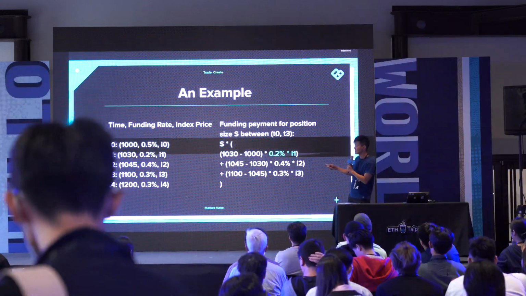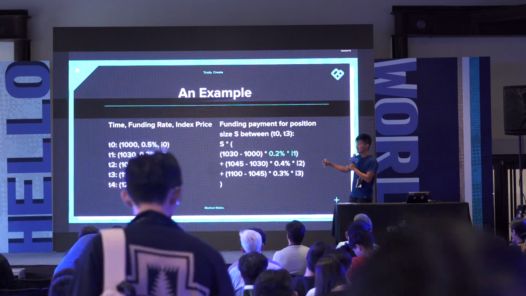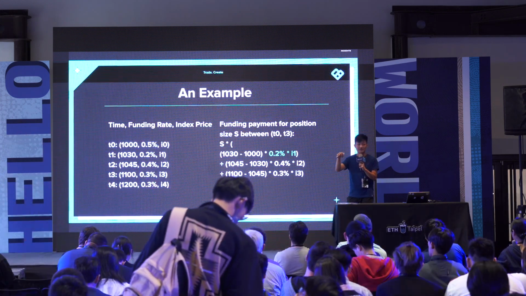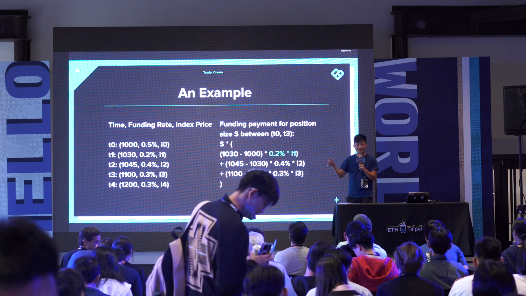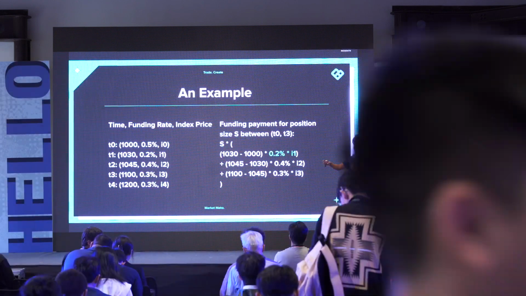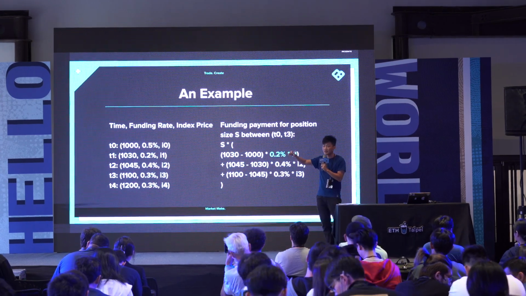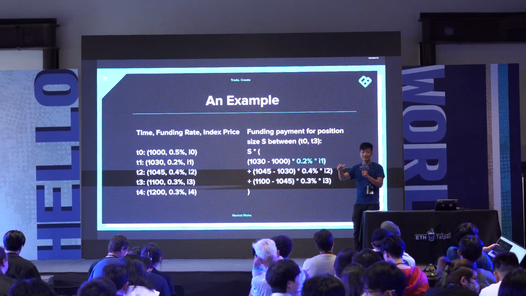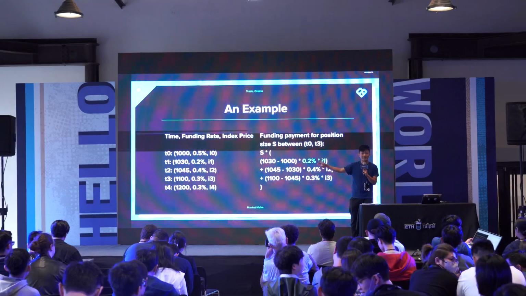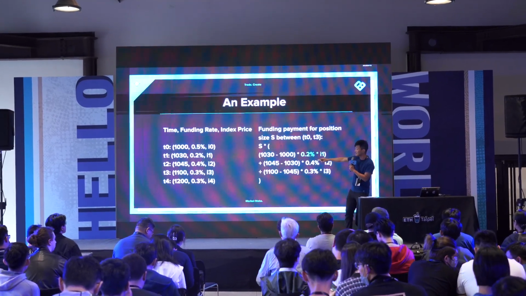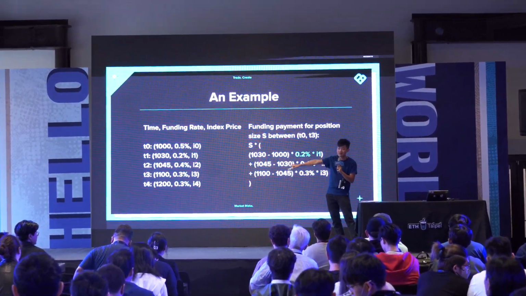No, it's calculated, because the formula is premium divided by index price, right? As long as we have the premium at time 2 or time 3, and as long as we have the index price, we can calculate the funding rate. So these funding rates are all calculated.